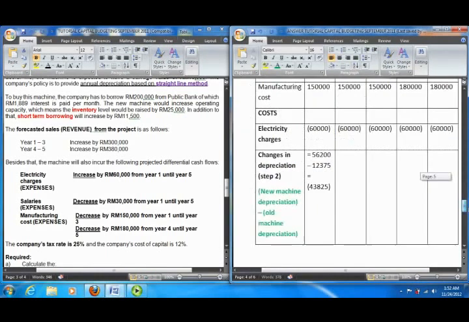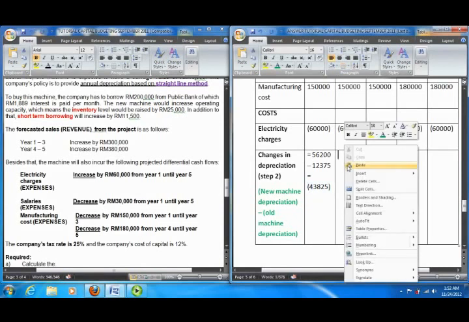So in this case, you can see new machine 56,200, your old machine 12,000, means that increase in depreciation. Depreciation is classified as expenses, so it is increased by 43,825. It is the same for every year because it is straight line method.